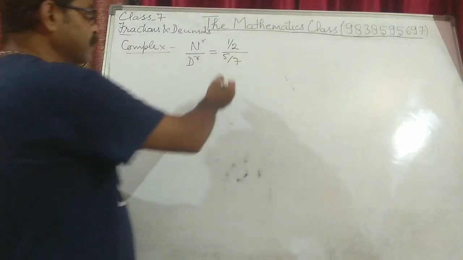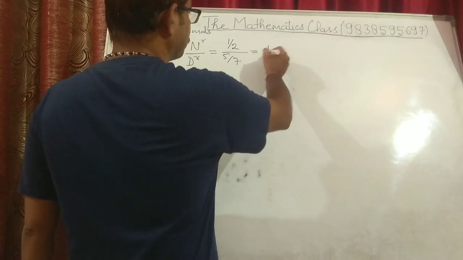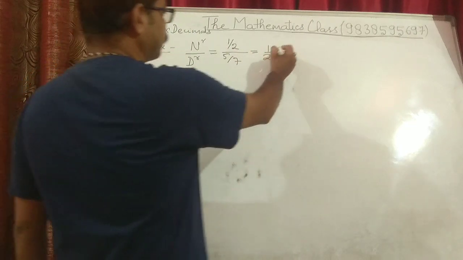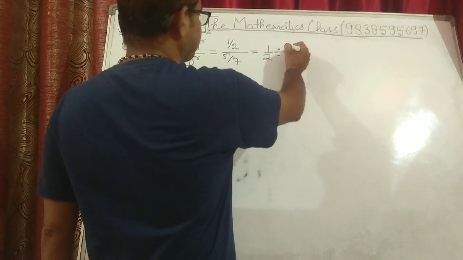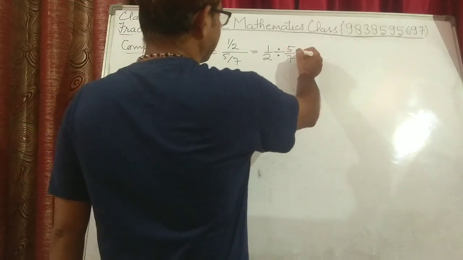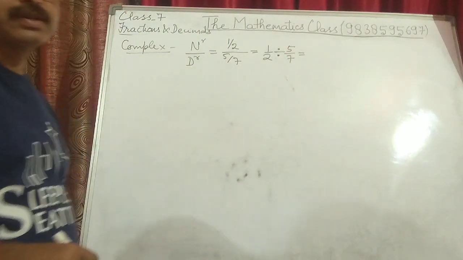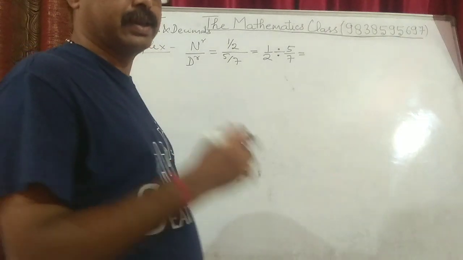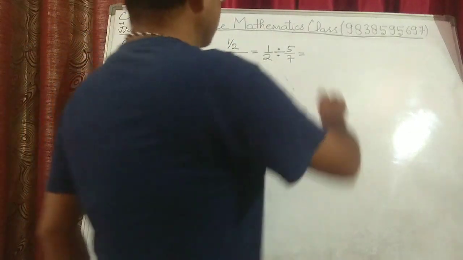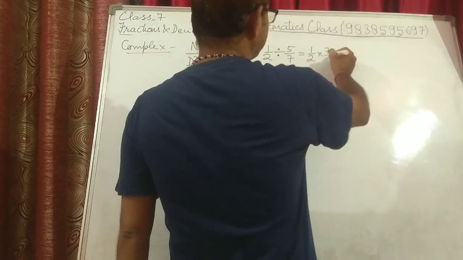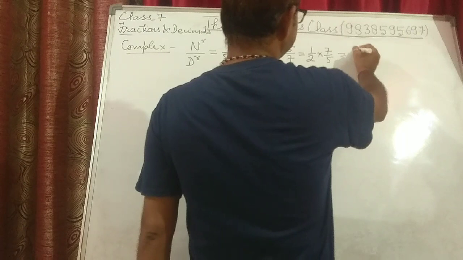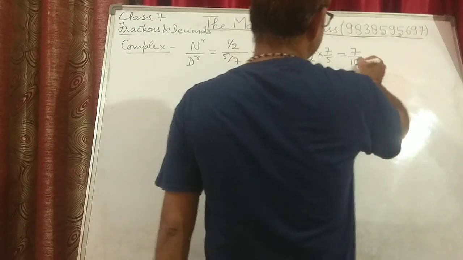Now how to solve this? 1 upon 2, and then this upon can be considered as a division sign, divided by 5 upon 7. Now you know when there is a division sign, that converts to multiplication and the next fraction gets reversed. So 1 upon 2 into 7 upon 5, this will be 7 into 1 is 7, 5 2s are 10.